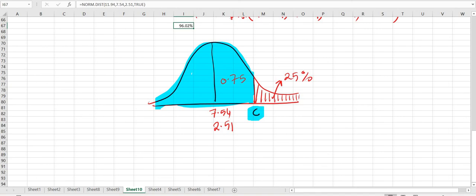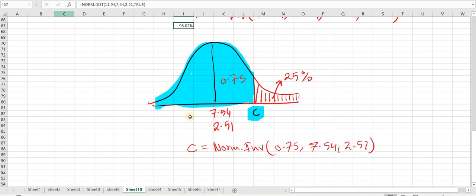So now that I came up with the blue area, I can find the value of C using the inverse function, norm dot inverse function of the area to the left, 0.75, comma, the mean, 7.54, comma, the standard deviation.